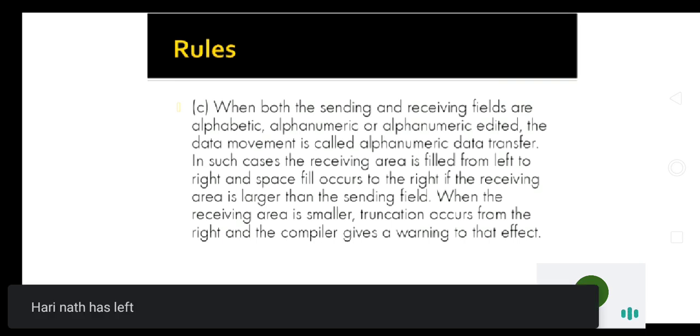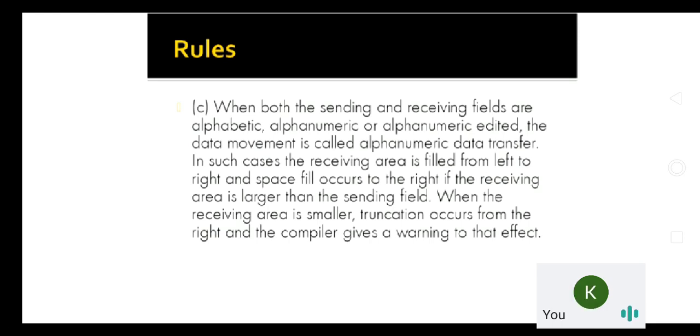So you will have some blank spaces at the right. Whenever you receive the value, you align it from left to right. And if you don't have sufficient values, you will have space fill at the rightmost end, in the sense that blank spaces will be there.